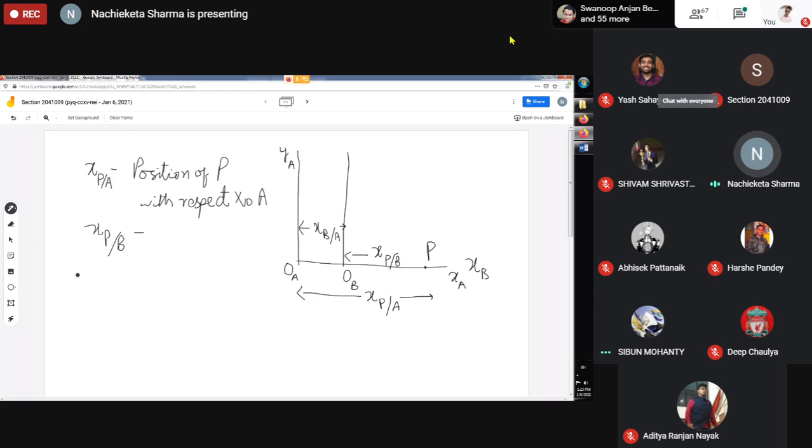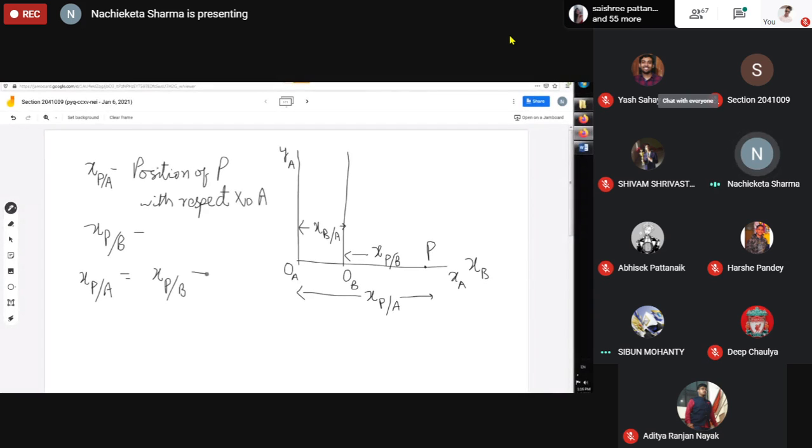I will write that the X position of P with respect to A is equal to the position of P with respect to B plus the position of B with respect to A.